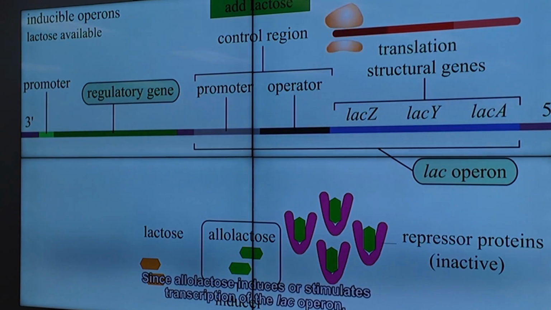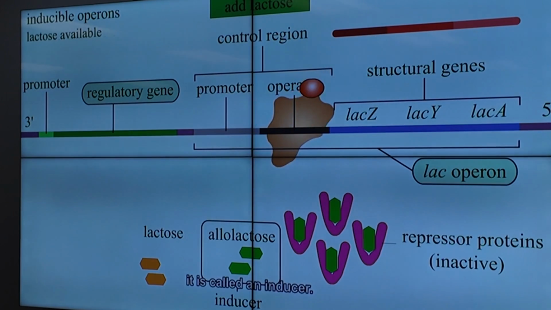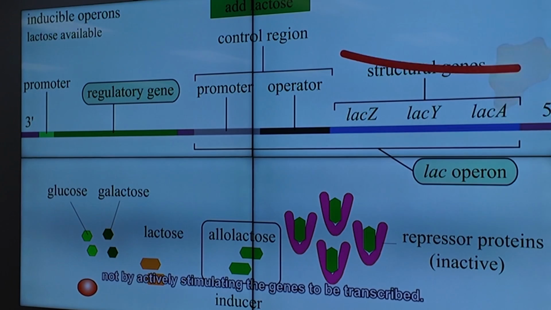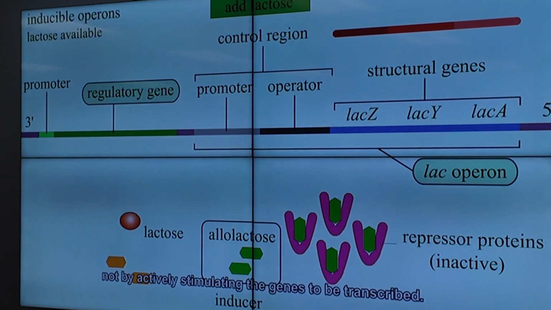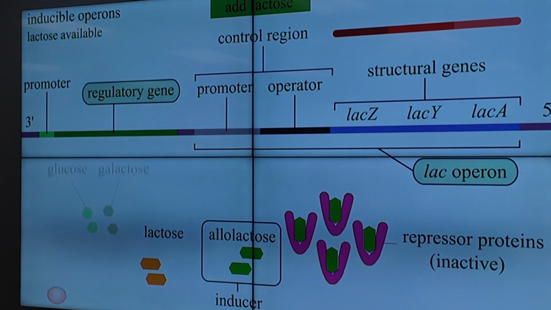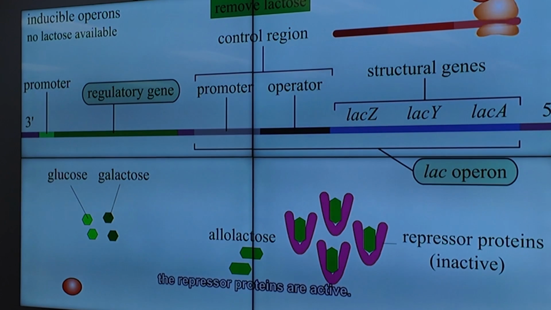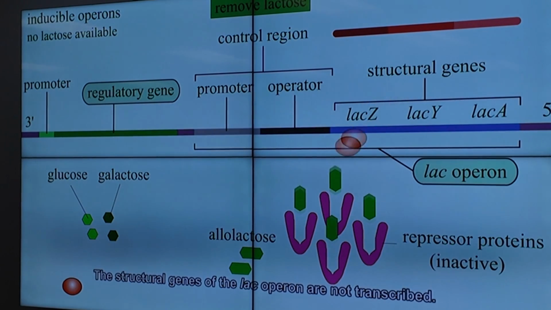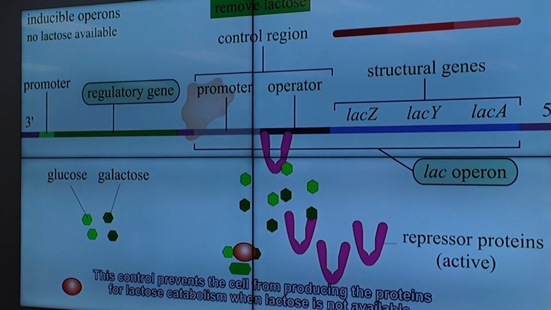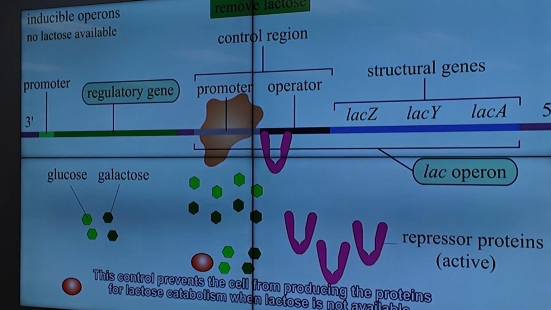Since allolactose induces or stimulates transcription of the lac operon, it is called an inducer. Notice that the inducer acts by turning off the repressor, not by actively stimulating the genes to be transcribed. When lactose is not available, the repressor proteins are active. The structural genes of the lac operon are not transcribed. This control prevents the cell from producing the proteins for lactose catabolism when lactose is not available.